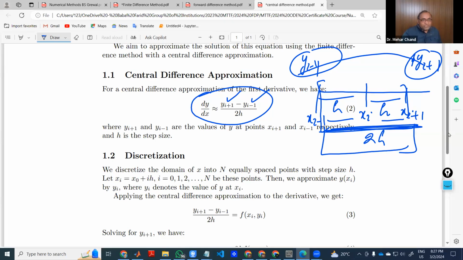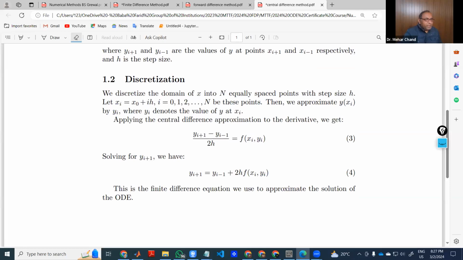After that, the application part will be quite simple. Here, the given function can be discretized following the same: xi is equal to x naught plus ih. The above problem can be written in this way: yi plus 1 minus yi minus 1 upon 2h equals f xi yi.